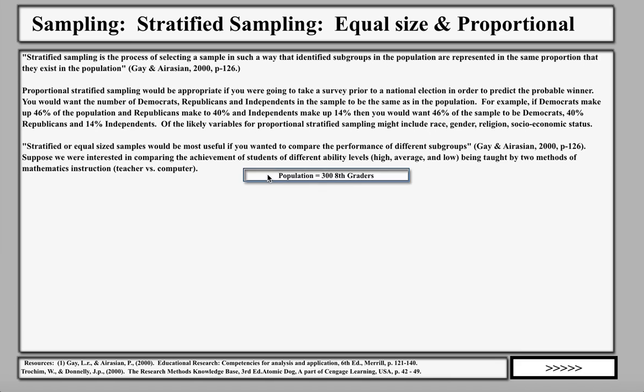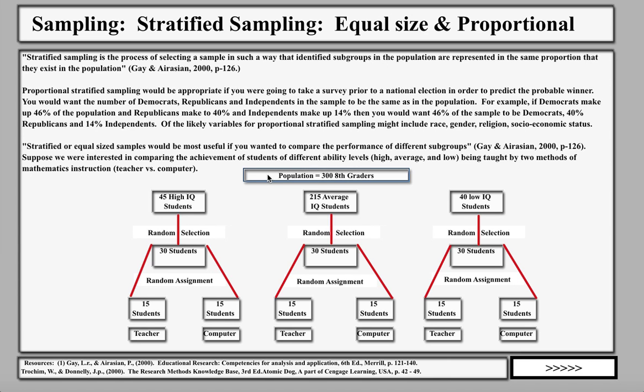So the stratified sample might look like this. Our population is 300 eighth graders. Of those 300, 45 are high IQ students, 215 are average IQ students, and 40 are low IQ students. So that makes up a total of 300 students.